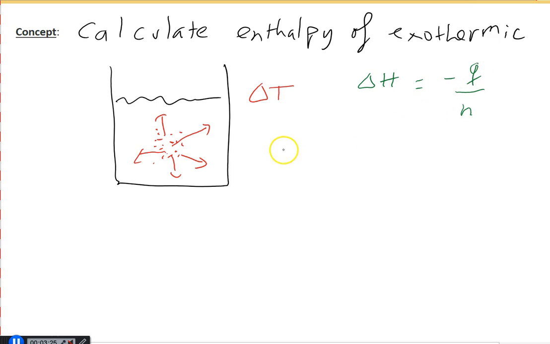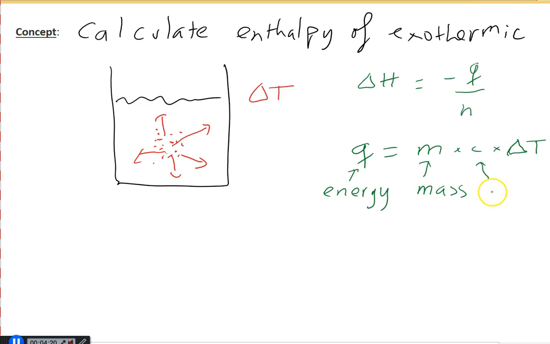To calculate the energy that is gained by the solution when you have a change in temperature, you use the formula Q equals mc delta T. Q is, as we noticed earlier, the energy gained by the solution. m is the mass. c is the specific heat capacity of water.